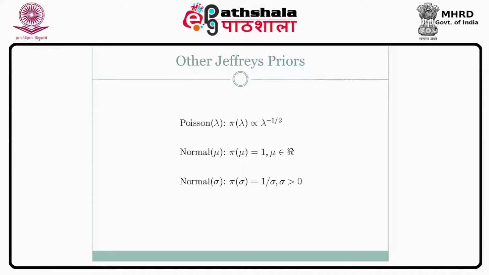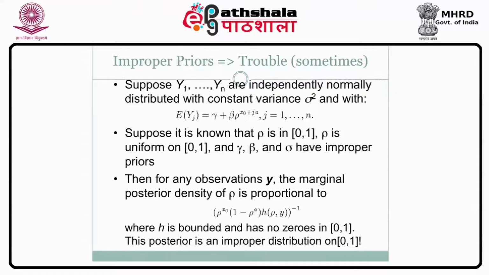Because unless it is proper, you are not able to draw inference on thetas based on the posterior distribution. But it seems it can be shown that in many situations, even if the prior distribution is improper, the posterior distribution turns out to be proper. And here we'll see some other situations where the improper prior will lead to improper posterior.